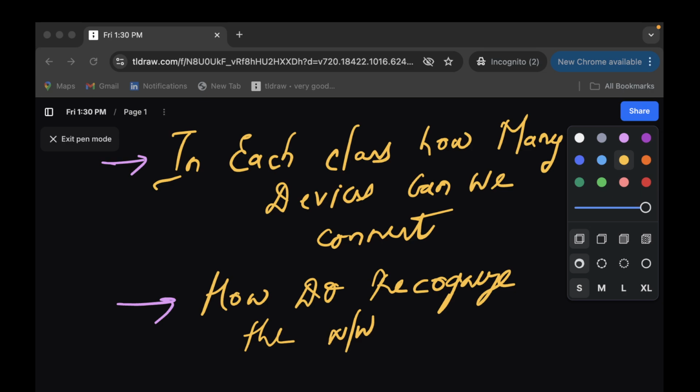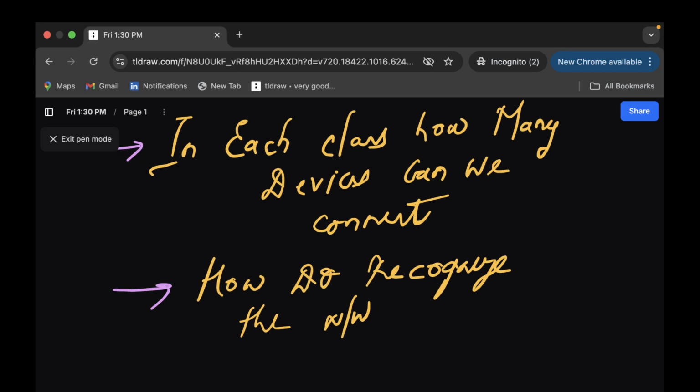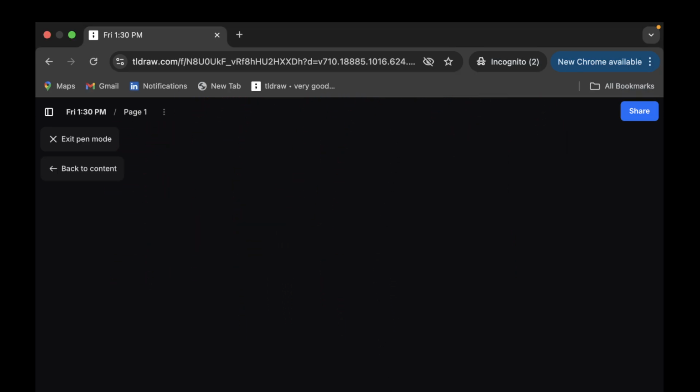We need to understand that. Let's see subnetting. Now what is subnetting? What is masking? This is where things are going to become a little bit interesting, right? Okay.